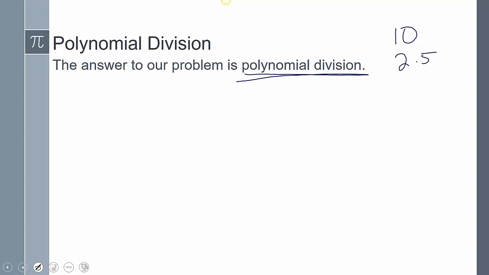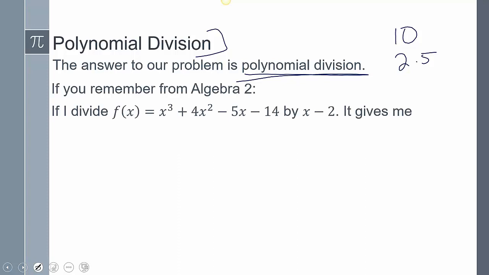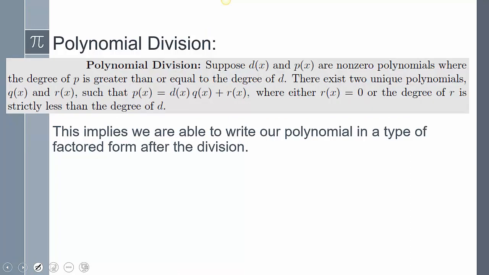And so that's why we need to know how to divide a polynomial, because that's going to be a tool that we can use to factor our polynomial. And this is just the definition of polynomial division. I don't need you to write it down, but it essentially says that if we divide a polynomial, we can actually divide it by another polynomial, and it allows us to write it as factors with some sort of remainder.